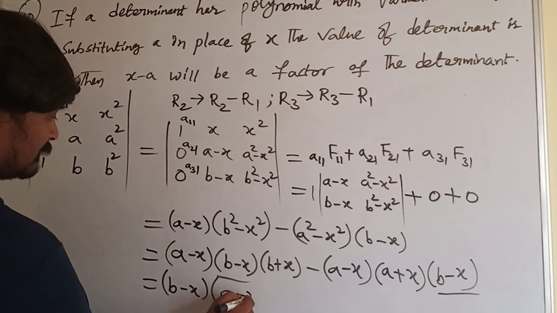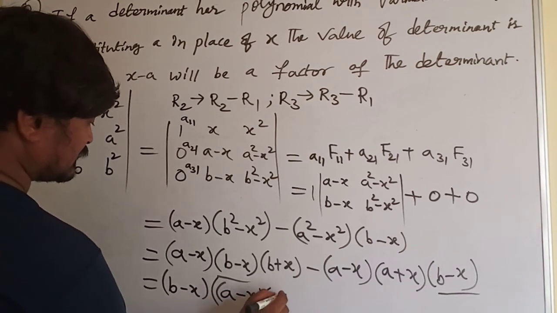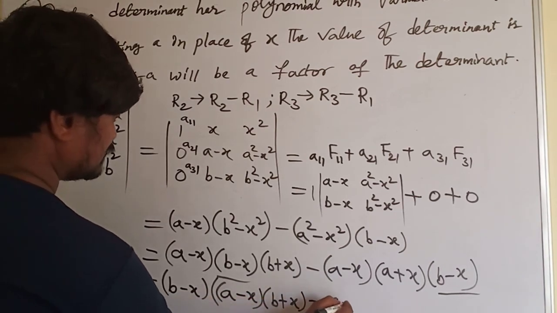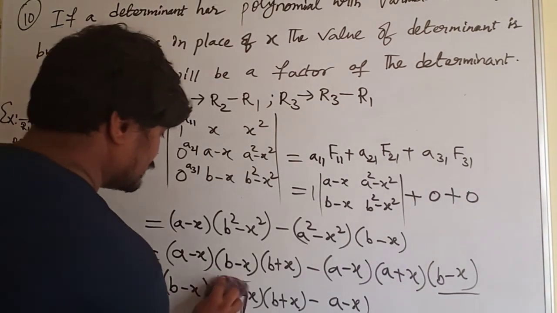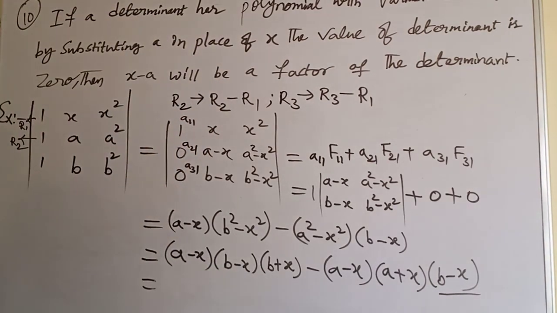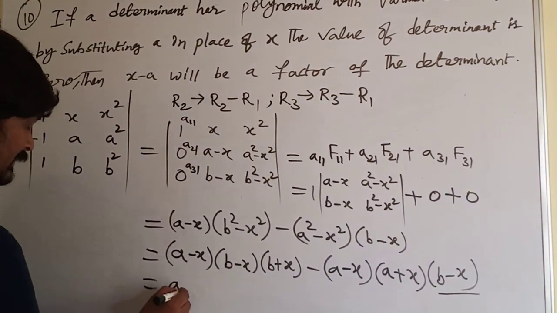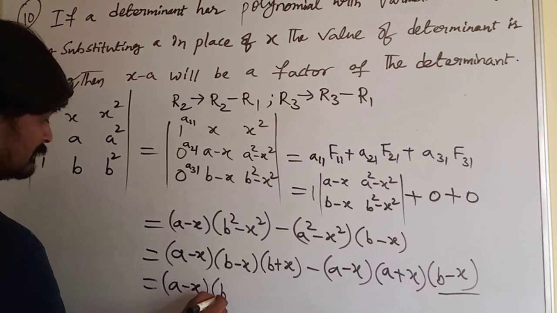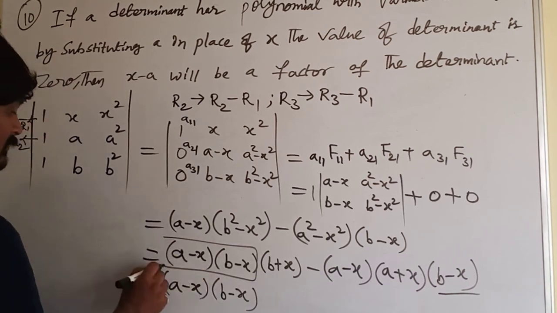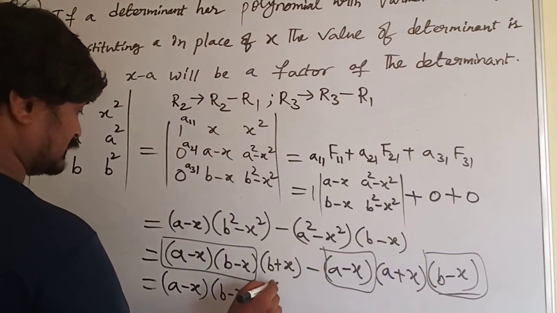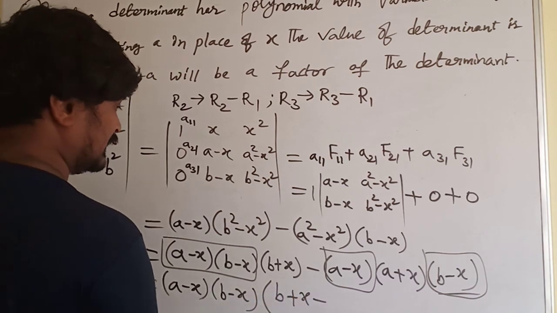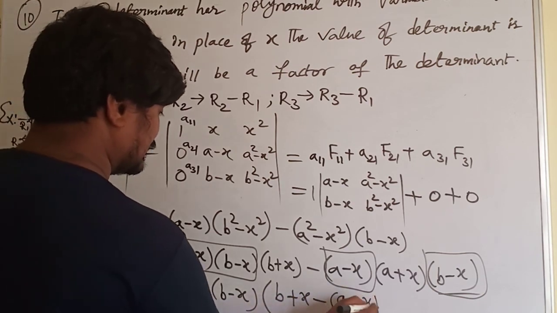Then a minus x into b plus x minus a minus x. Okay, a minus x and b minus x both are common. So here a minus x into b minus x, both are common. So what is left now? b plus x minus a plus x.